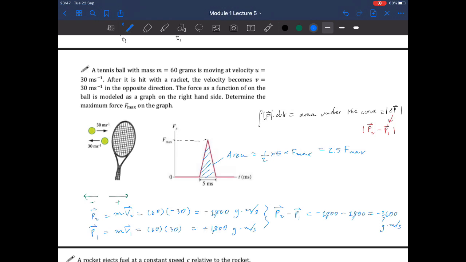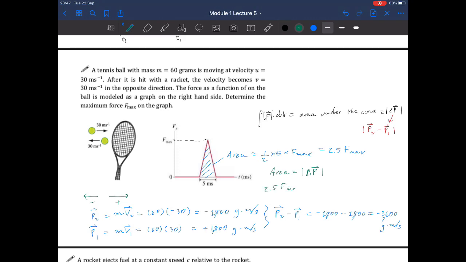Okay, so that is delta p, p2 minus p1. Now what you want is just the magnitude of p2 minus p1, so it's just 3600.